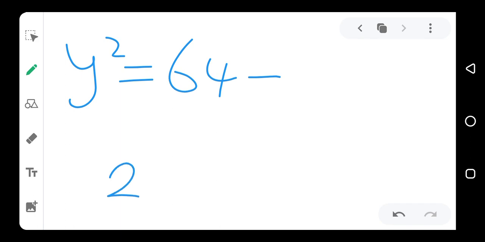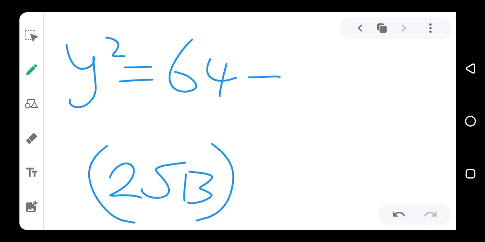That means that y squared, just transform it, is equal to 8 squared. 8 squared is equal to 64, and 2 root 13 squared. If we have 2 root 13, we have squared.